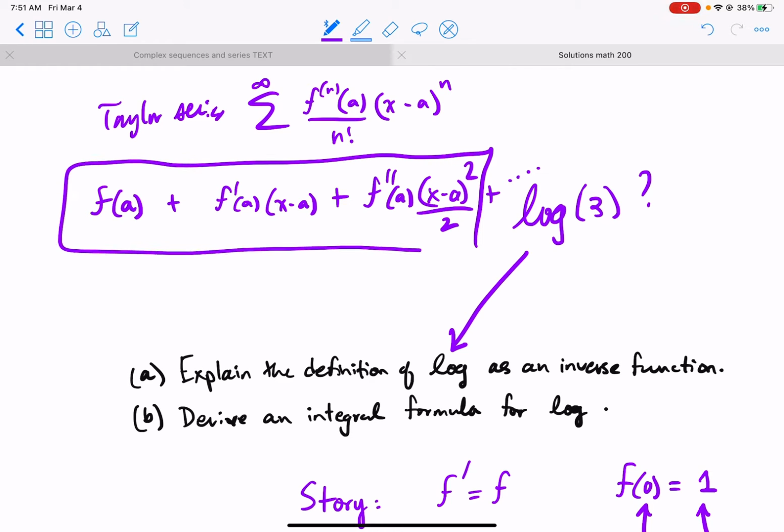You could get really good approximations using this, but you have to know f of A. So we apply this to log, like let's say log of 3.